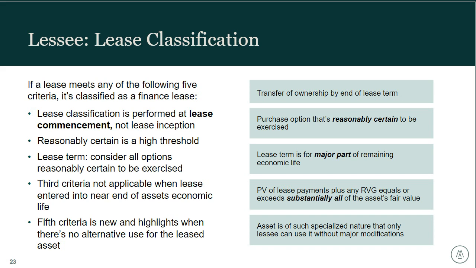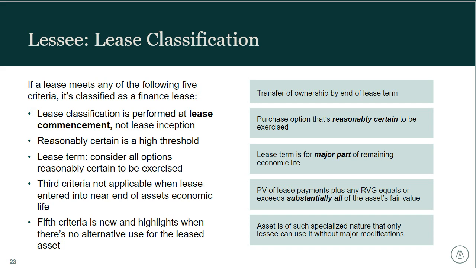The one down here at the bottom is new, and that is the asset is of such specialized nature that only the lessee can use it without major modifications. So this is something you'll see with solar equipment and things of that nature, solar panels, where that item is so specialized that it couldn't be used in any other manner.